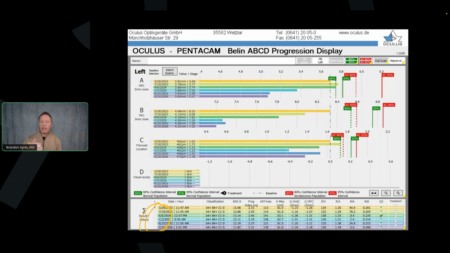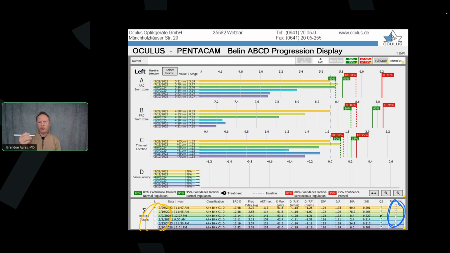And you can do that if, say, somebody was cross-linked and you no longer want to use their original entry visit as a reference point for further progression, because now the cornea has changed shape. And if you look over here, I'll change the color to blue. And I don't have it in on this patient, but you can also denote where your cross-linking treatment was done in that patient's timeline. I'll show an image of what that looks like in just a slide or two.